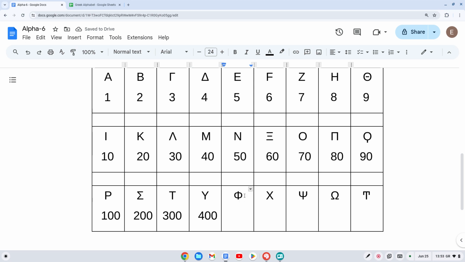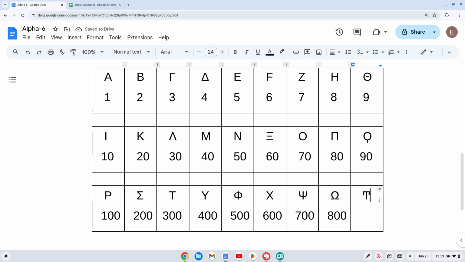Phi, 500. Chi, 600. Psi, 700. Omega, 800.